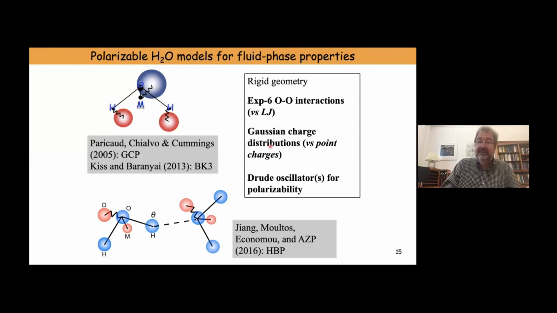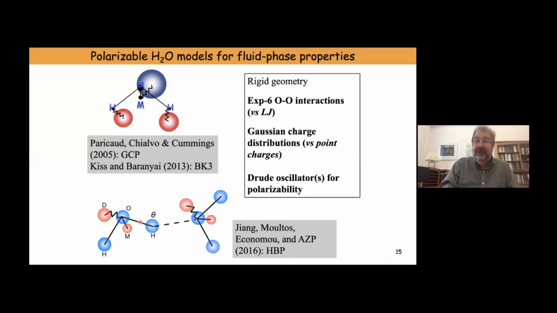They have Gaussian charge distributions instead of point charges, and they have Drude oscillators, which means little charges connected by a spring to a central site to describe the polarizability. My own group, some years back, Hao Jiang, the postdoc, came up with a simplified version of this model, which we call HPP, hydrogen bond polarizable, which has fewer sites and can run faster.